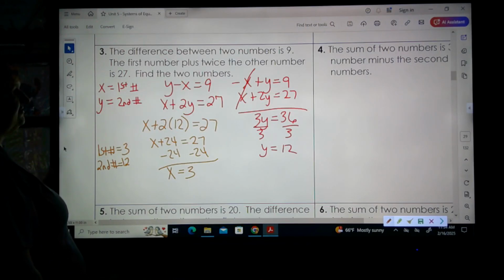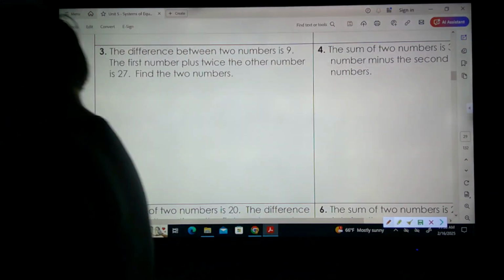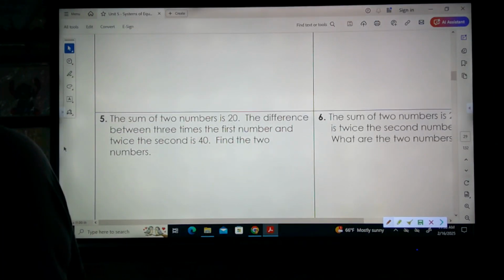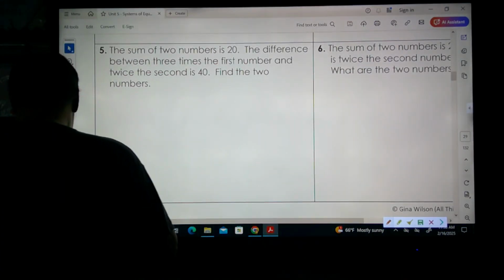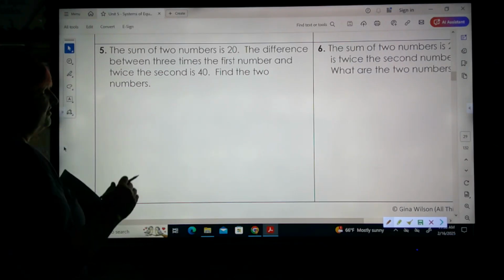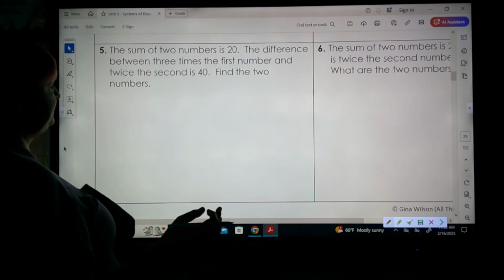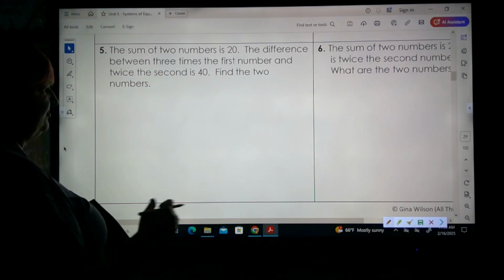Systems of equations. Number 5. The sum of two numbers is 20. The difference between 3 times the first number and twice the second is 40.